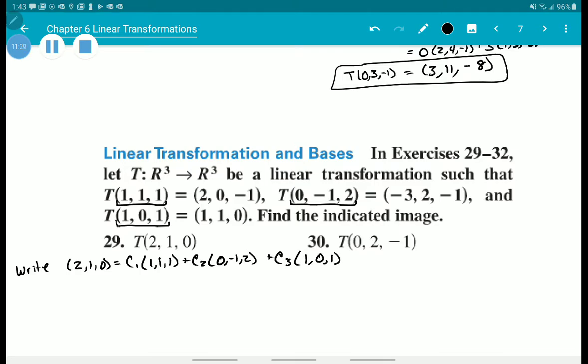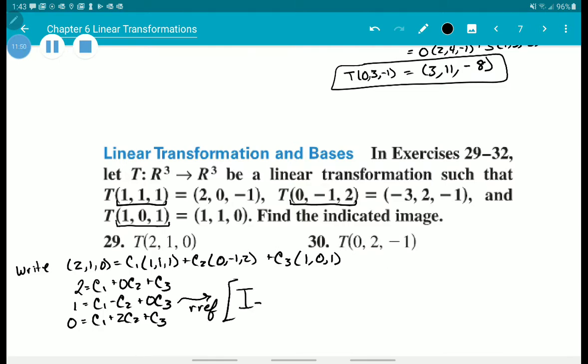So that's going to give us a system of equations. And then if we solve that system, then that's going to tell us what our linear combination would be.